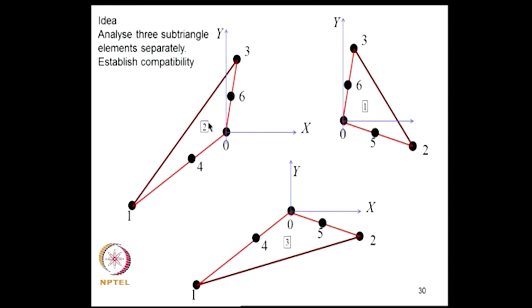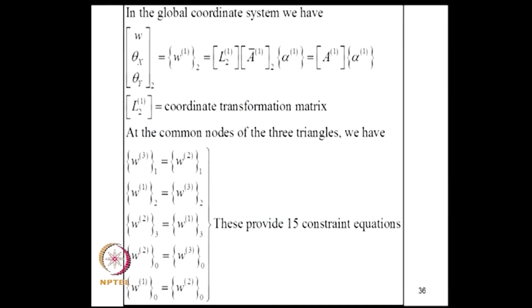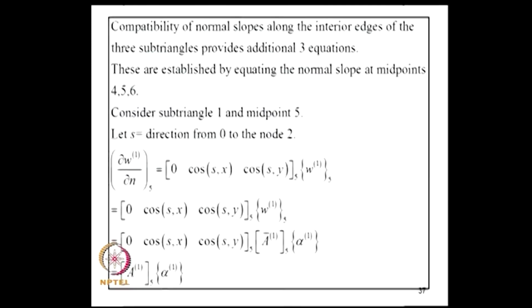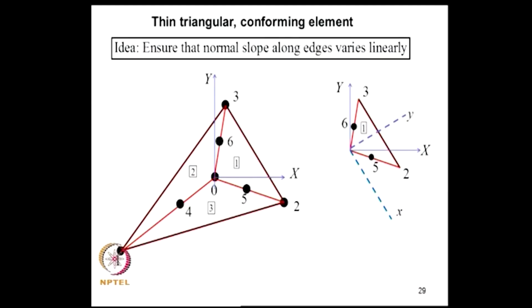So, that gives 18 equations, and the remaining manipulations are aimed towards implementing this elimination process and deriving the correct mass and stiffness matrices. So, this is a 3 noded triangular conforming element.